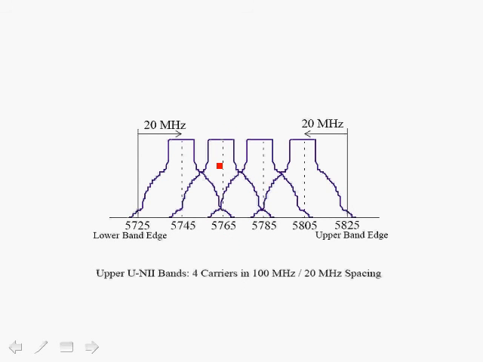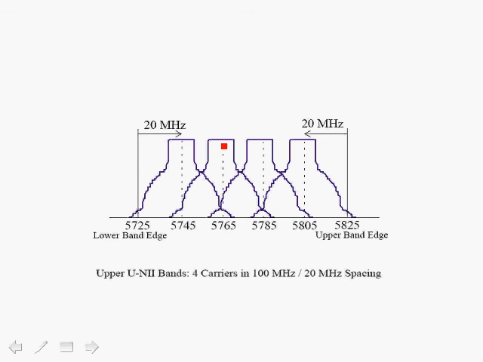Each channel has a bandwidth of 20 megahertz, and because of the guard interval, the actual useful bandwidth in which information is transmitted is 16.5 megahertz.